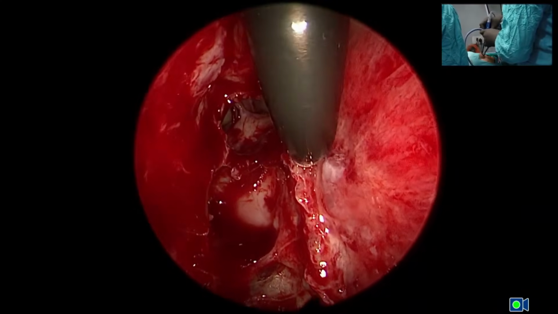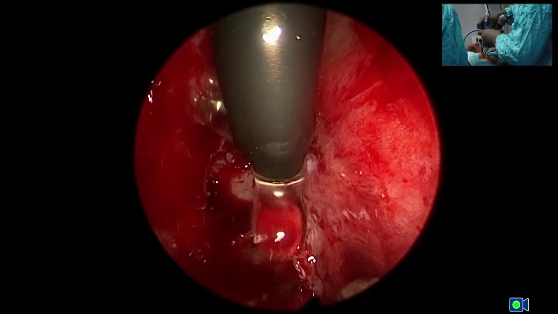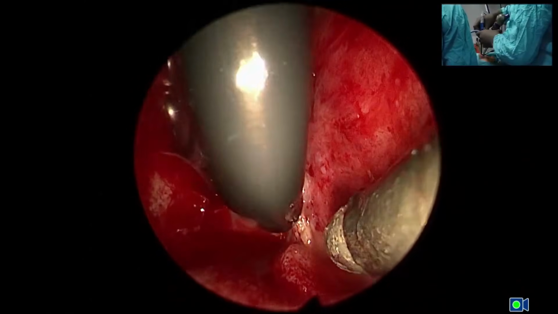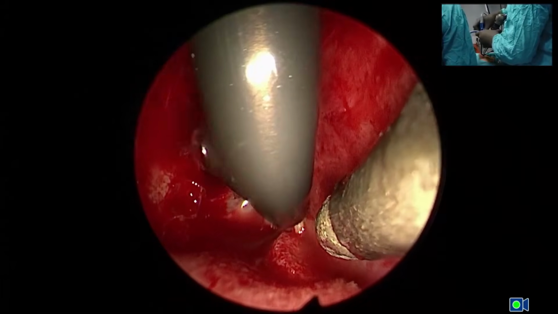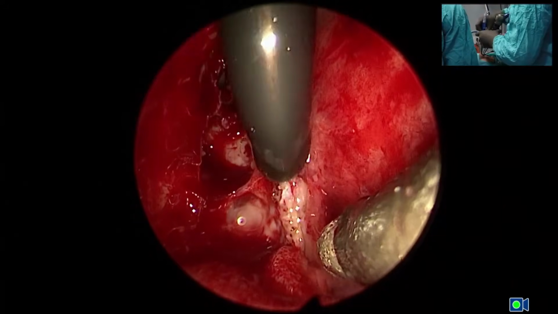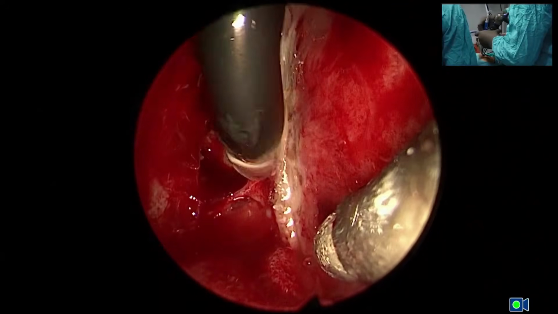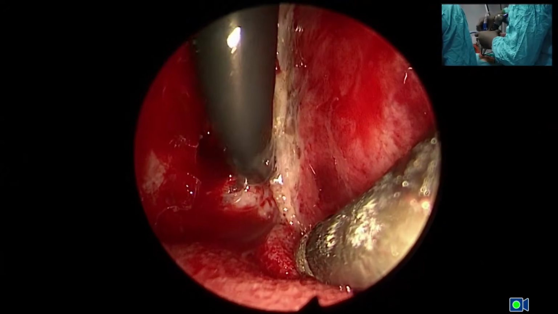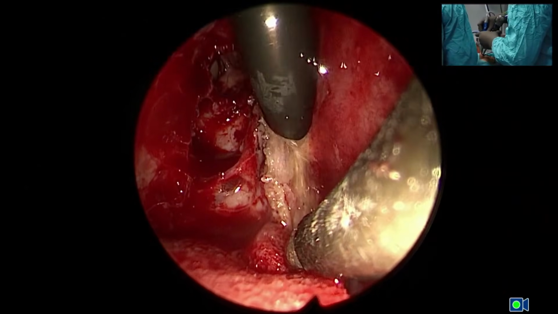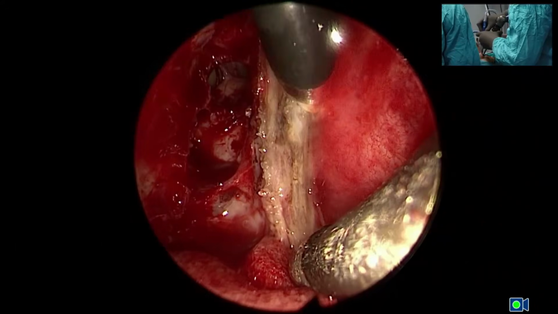Now, see what I am doing? I am devitalizing this mucosa. Whatever mucosa I cannot remove, this mucosa I am devitalizing thoroughly, and whatever my meningocele will also be coagulated.